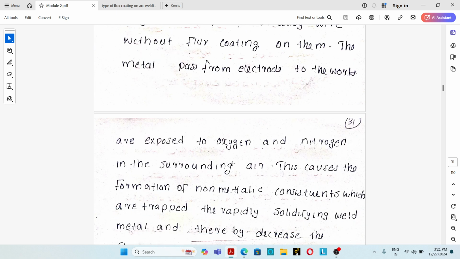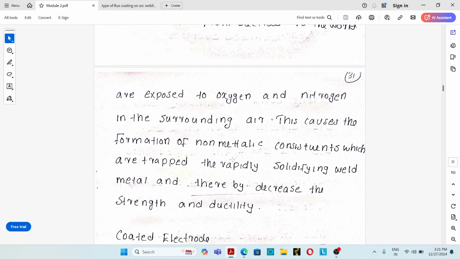The metal passing from electrode to work is exposed to oxygen and nitrogen in the surrounding air. This causes formation of non-metallic constituents that are trapped in the rapidly solidifying metal and thereby decrease the strength and ductility. That's a disadvantage of bare electrodes.